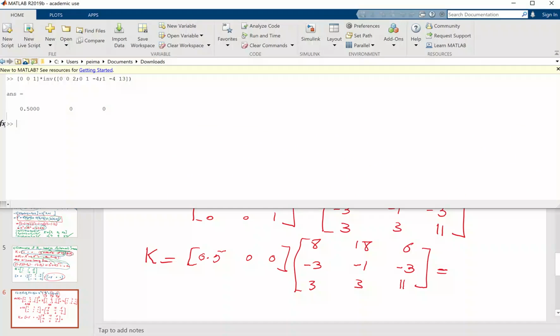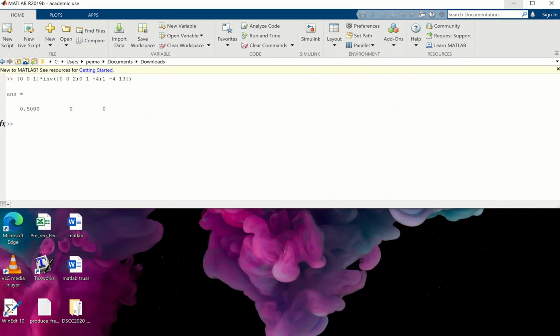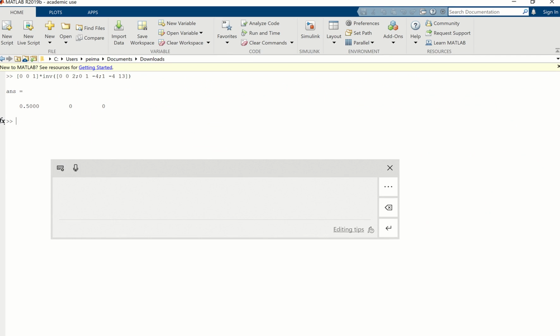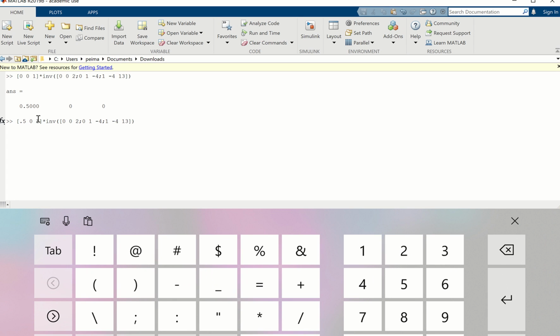If I go to the upper line, I have no keypad today, so Control C and Control V. So it is 0.5, 0.5, and this is 0.